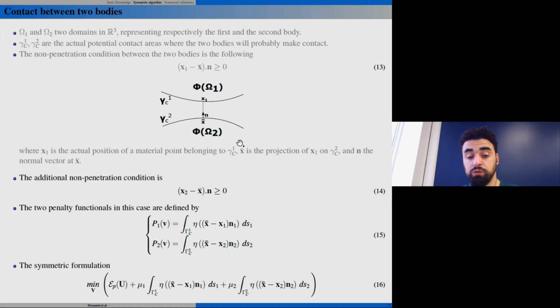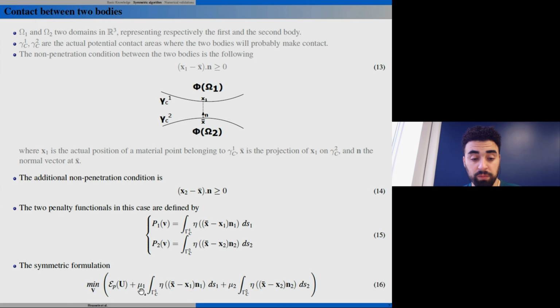And we will use a penalty functional P1 in order to penalize the penetration when we consider the first one is a slave and the second one is a master, and another penalty functional P2 in order to penalize the penetration when we consider the second one is a slave and the first one is a master.